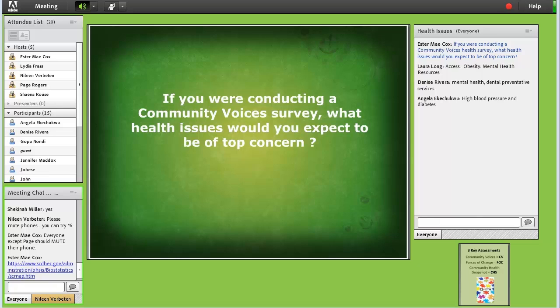Of course, dental issues are prominent in a lot of communities, so I would say that's an important indicator too. And of course, high blood pressure and diabetes and some of those chronic disease issues often come up too. And you've got some good data with all of these to be able to identify exactly what those problems are.